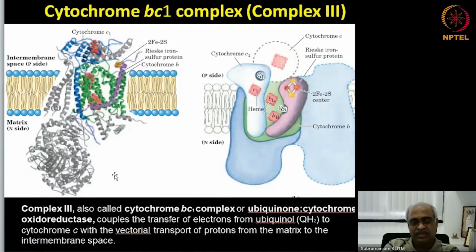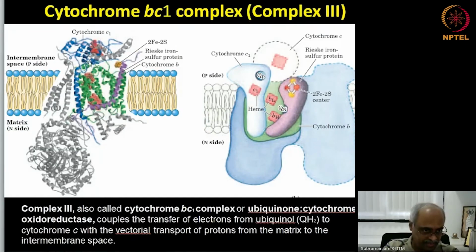This monomer is not synonymous with a single polypeptide. This is a multi-polypeptide complex which exists in 2 such units. Okay, and this is the structure of one of them. So in this cartoon diagram, the other one is shaded out here. So it is this side of a structure, 2 of them together form this complex 3.